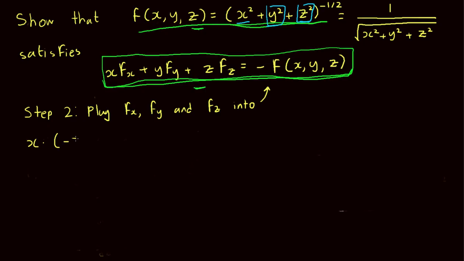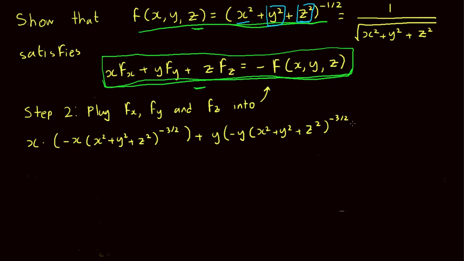If I recall correctly, it was just negative x times (x² + y² + z²) to the power of negative 3 over 2, plus y, the same thing also, so negative y times (x² + y² + z²) to the power of negative 3 over 2. And also we add it with z.